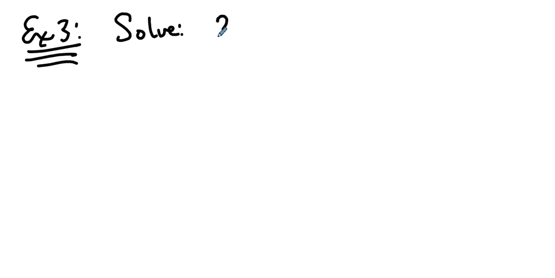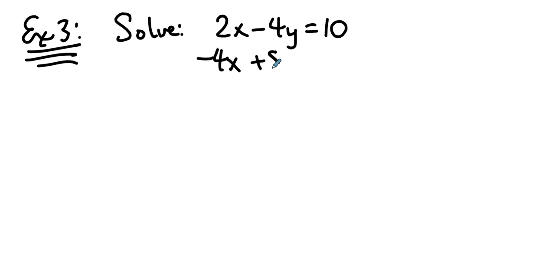All right, one more thing just to make sure that we're okay. Let's solve 2x minus 4y is 10, negative 4x plus 8y is negative 20. Well, okay. Substitution doesn't feel like it'll work because there's no y equals something or x equals something.